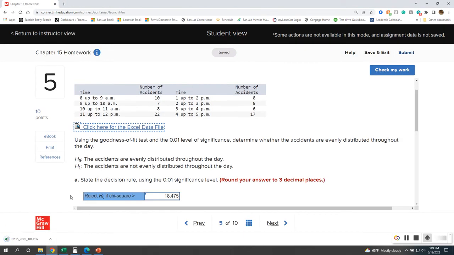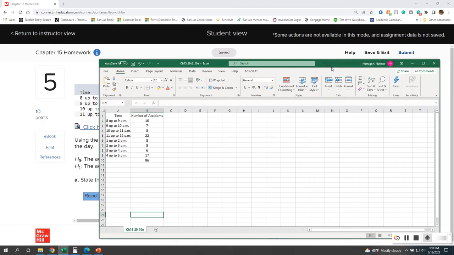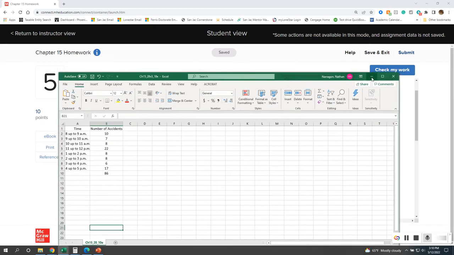So, let's go ahead and click the Excel data. Let's see what we got here. So really all that the Excel data gives is the times and the number of accidents.